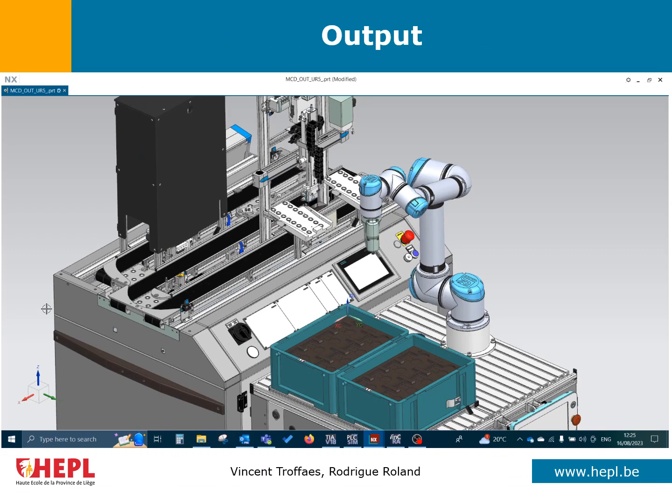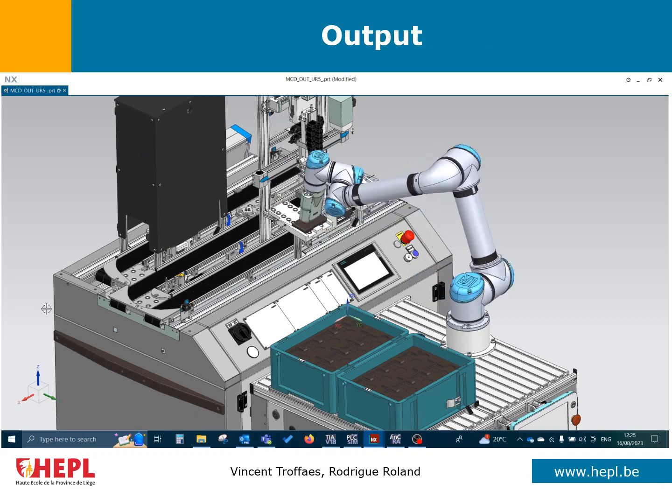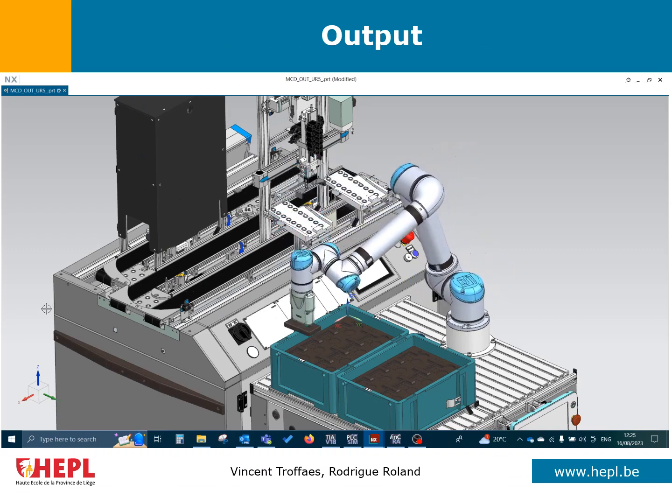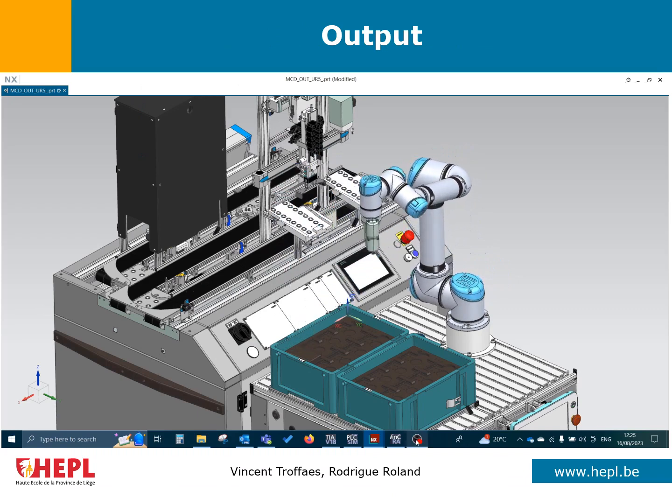So we define a gripper with fingers, but for the robot, we also defined a gripper, but with a suction cup. And to drive the robot, we needed to define all the joints of the robot, and then we used inverse kinematics. So we give points to the robot, and the software calculates the path itself. So this is how we did the robot.